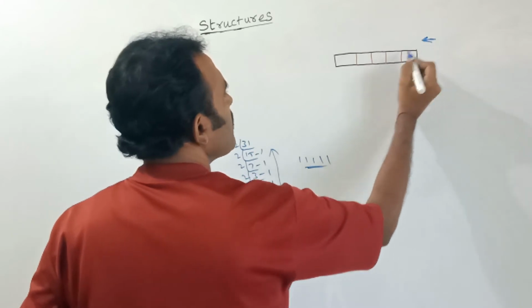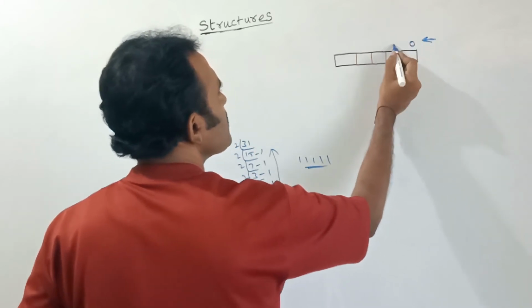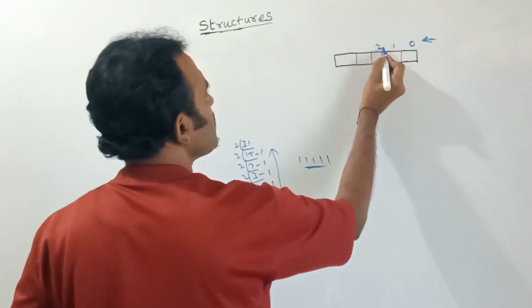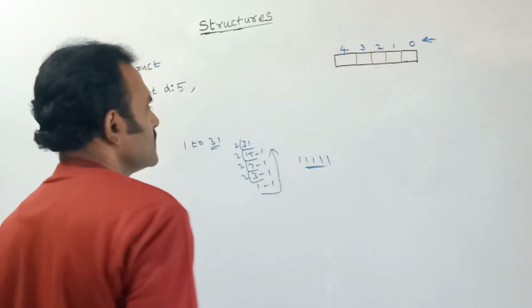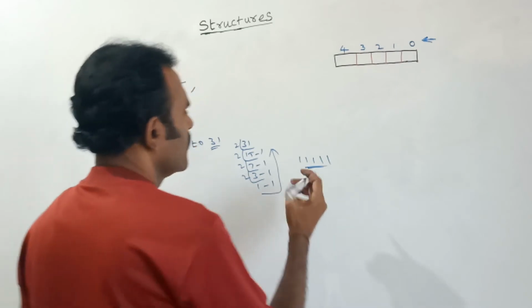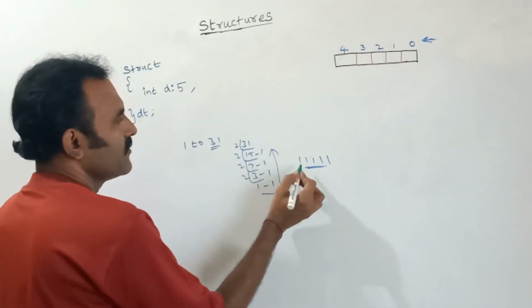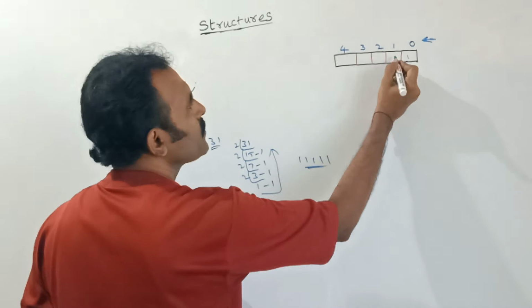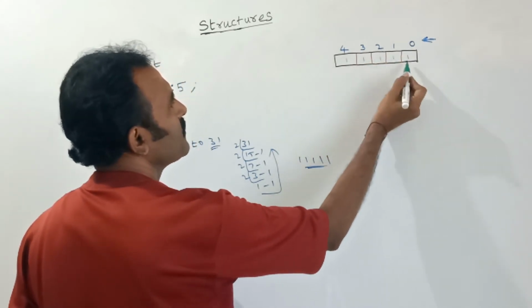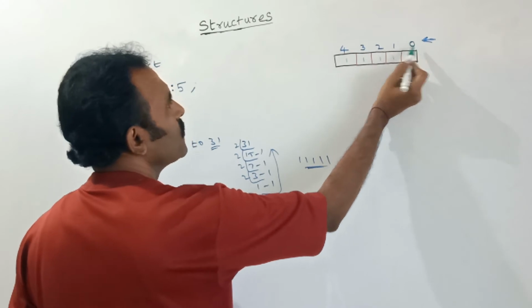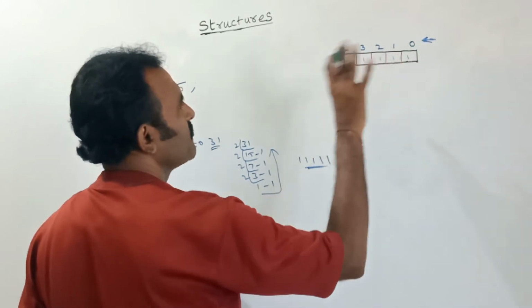This is the 0th position, this is the first position, this is the second position, this is the third position, this is the fourth position. How many ones? Totally 5 ones, because the positions run from 0 to 4, that is totally 5.